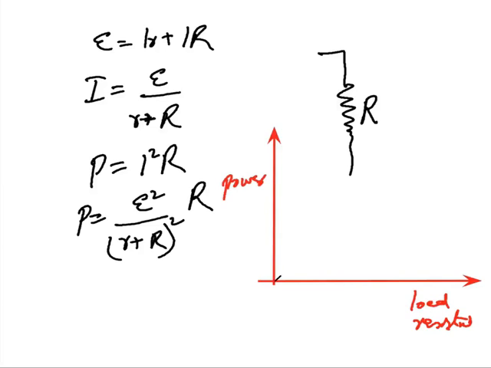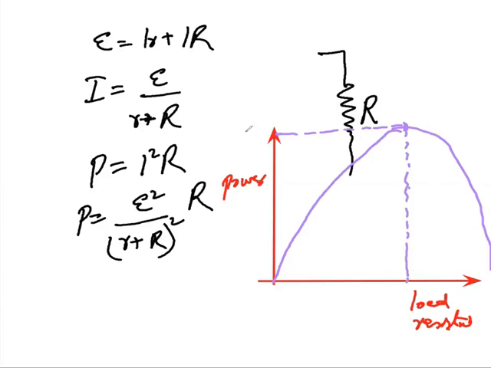If you increase the load resistance, then your power will increase, but then it will decrease. So over here you will get a maximum power. At this stage your load resistance, which is equal to R, is equal to your internal resistance.